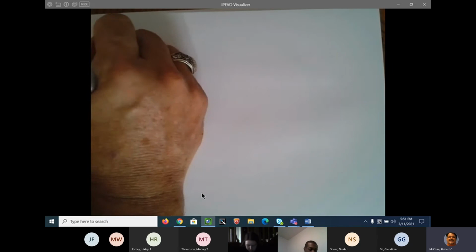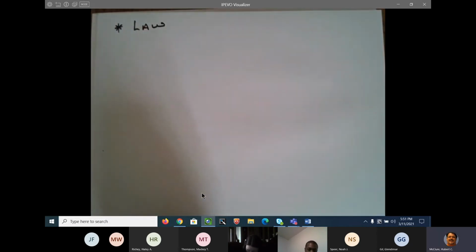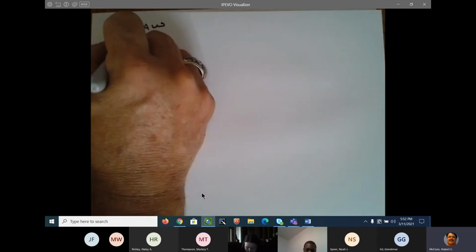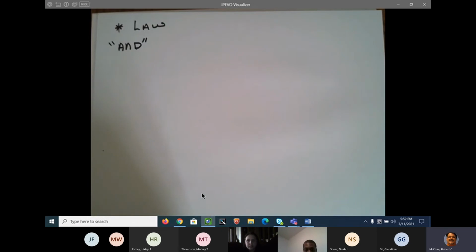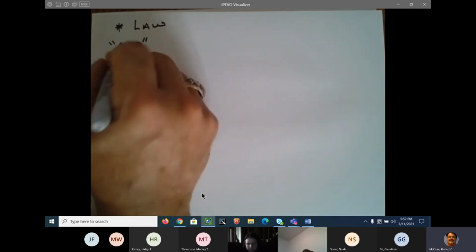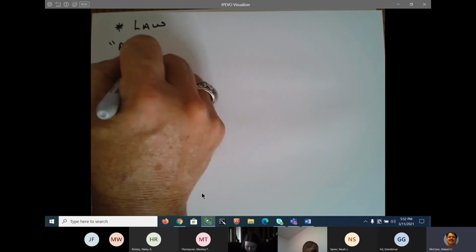multiplicative law. Basically, the word that you're looking for is and. What's the word for the additive law? Or, exactly. And here are the rules for the multiplicative law. The rules are, you have to determine whether it's with replacement or without replacement.